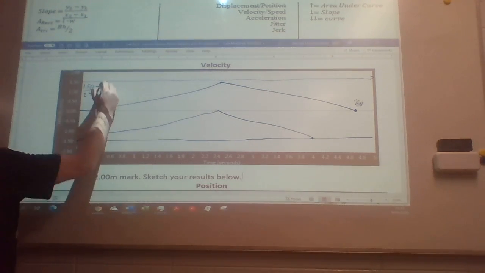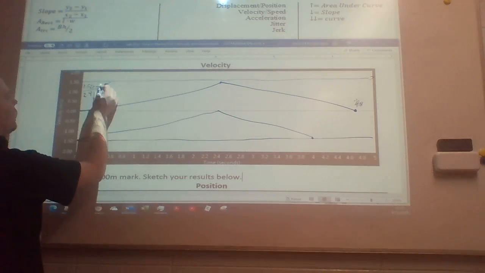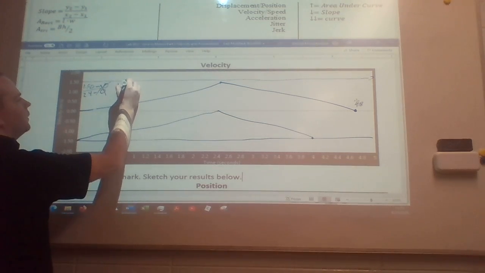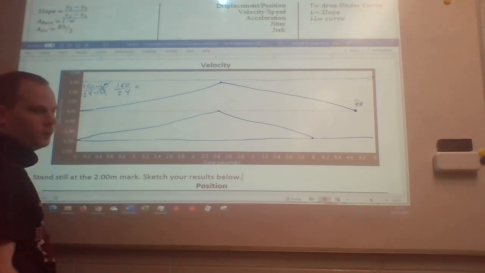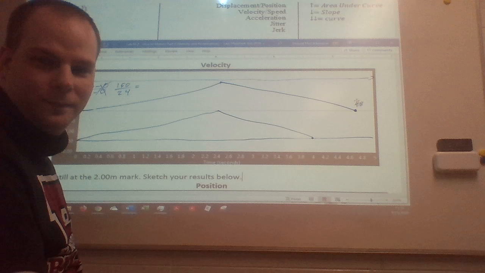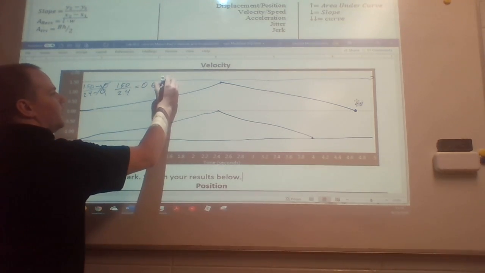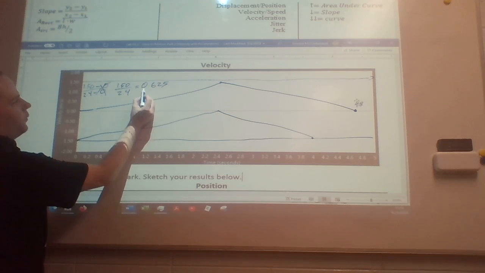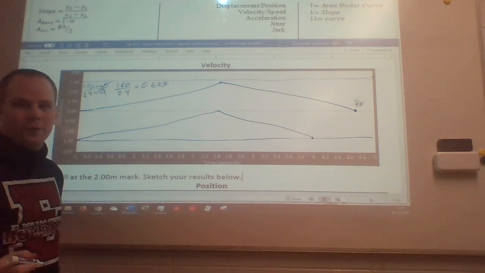Now in this case, the minus zeros just go away. And so we get 1.5 divided by 2.4, which is 0.625. Now, I will always put a 0 here because my decimal points are sometimes hard to see.